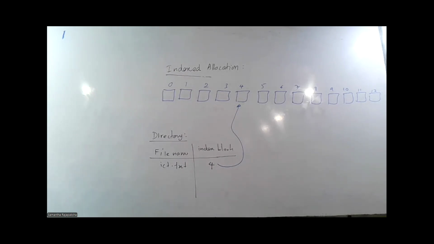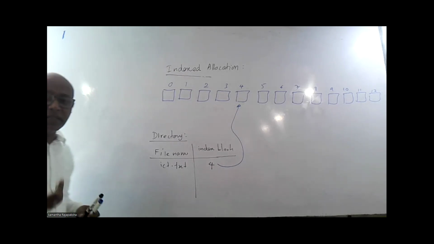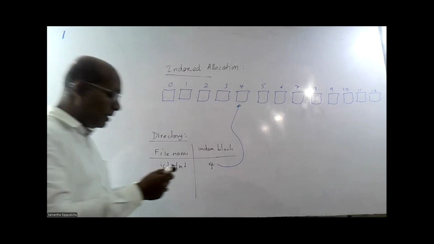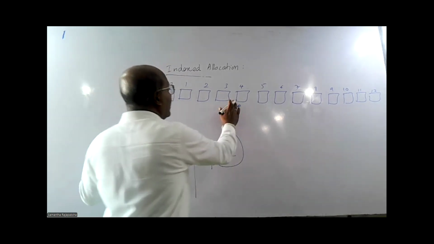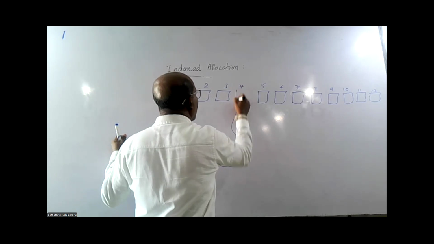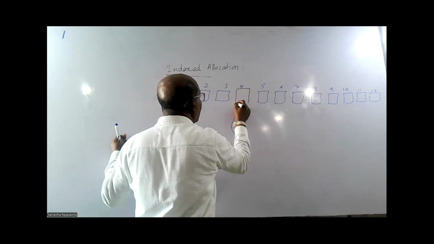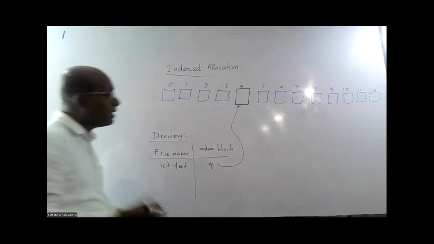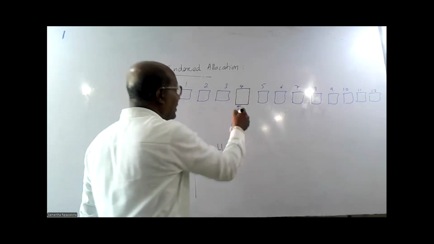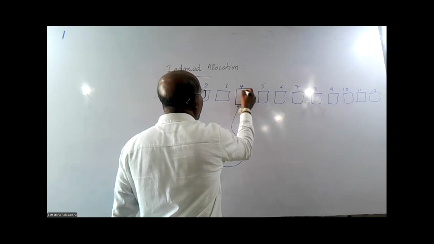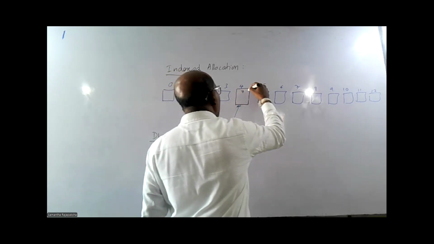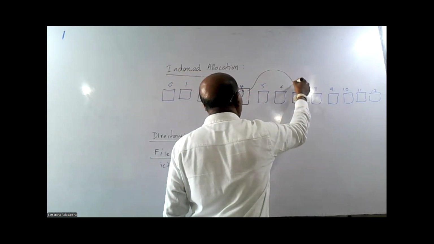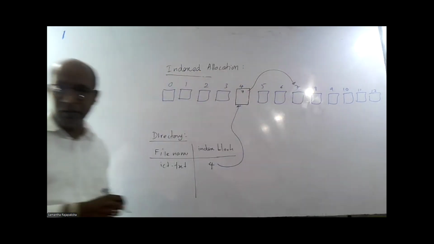What happens when you go to the fourth one, which points to the other blocks? Now, when you go to the fourth block, it says the next one. First one is, let's say, block number 7. That means block number 7 is one of the blocks of the file.